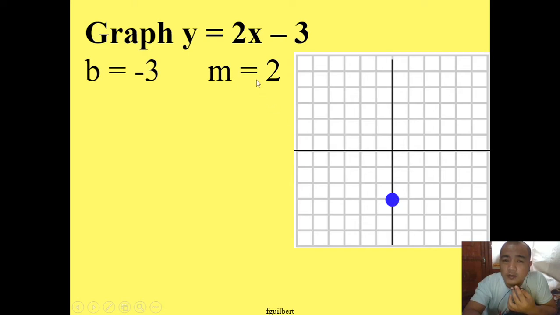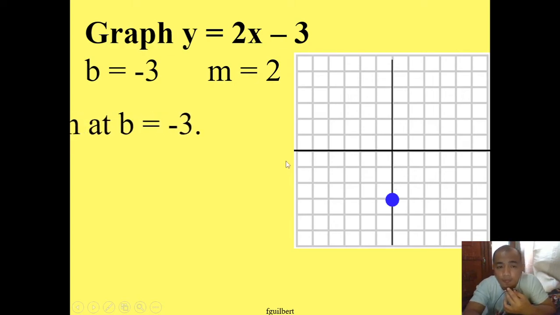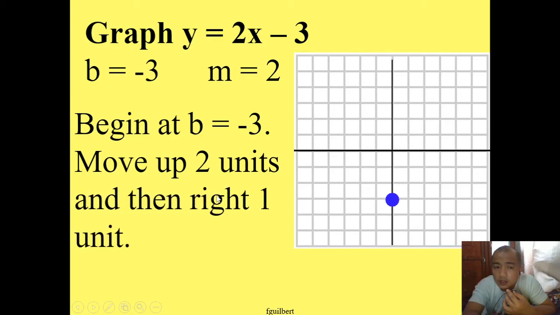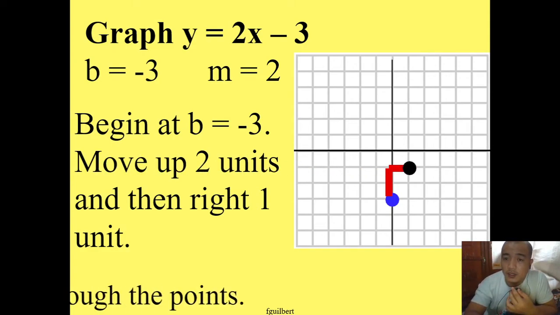And then since the slope is 2, we just count 2 as the rise, 2 up, and 1 to the right. Begin at the y-intercept, negative 3. Move 2 units up, and then right 1 unit. So from here, (1, -1). Move 2 units up and 1 unit to the right, then that's the other point.